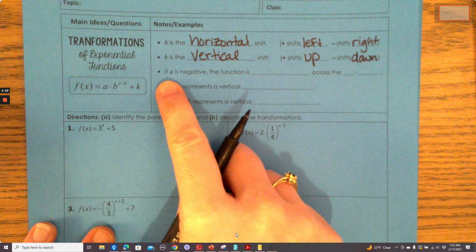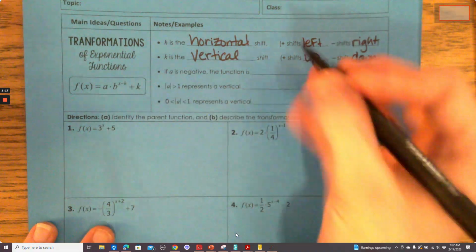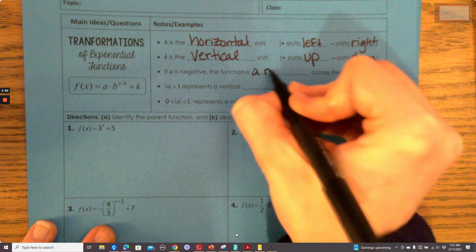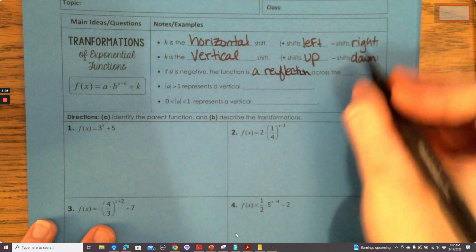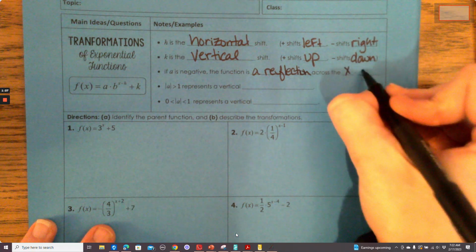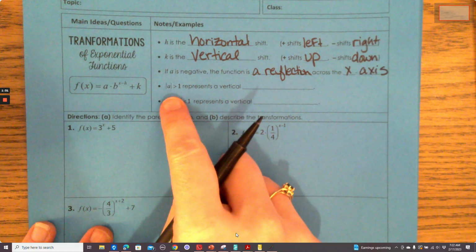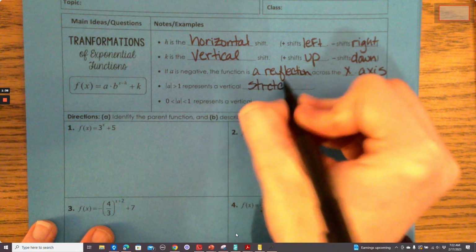All right, and then a, if a is negative, if this is a negative value, the function is a reflection across the x-axis. And then if a is greater than 1, this represents a vertical stretch.